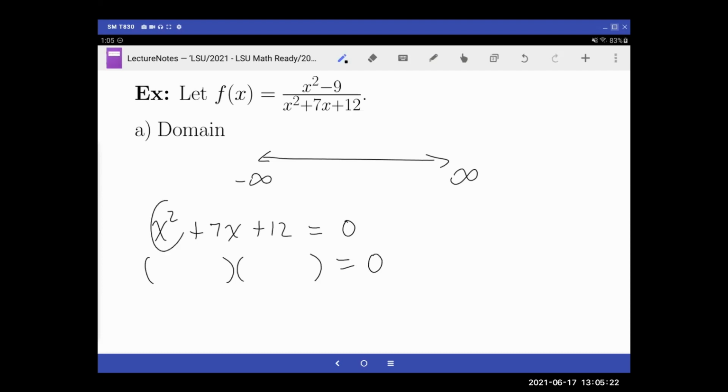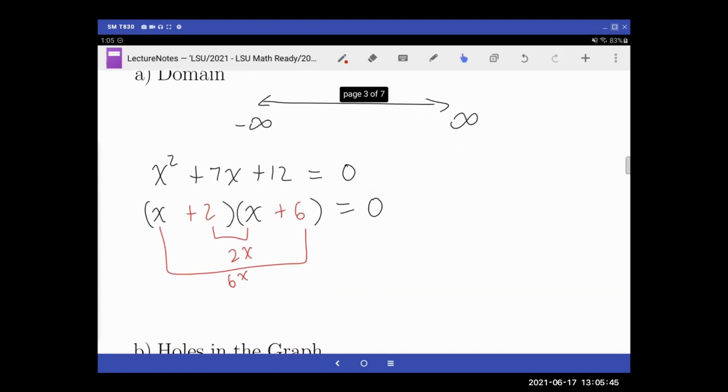Okay, I'm going to look at x squared first. So we need an x and an x here. Looking at the 12 right here, I need numbers that multiply together to equal 12. I have a few ideas in my head. I'm going to try maybe 2 and 6 first. 2x, 6x.